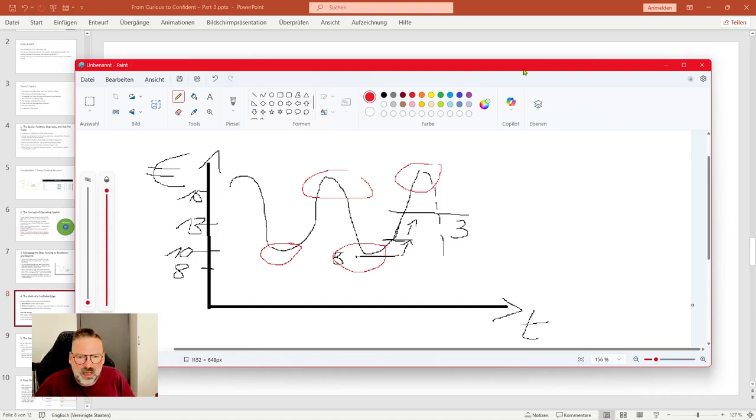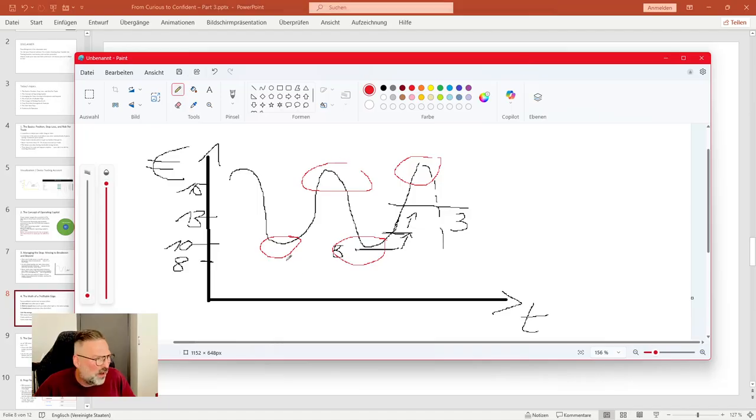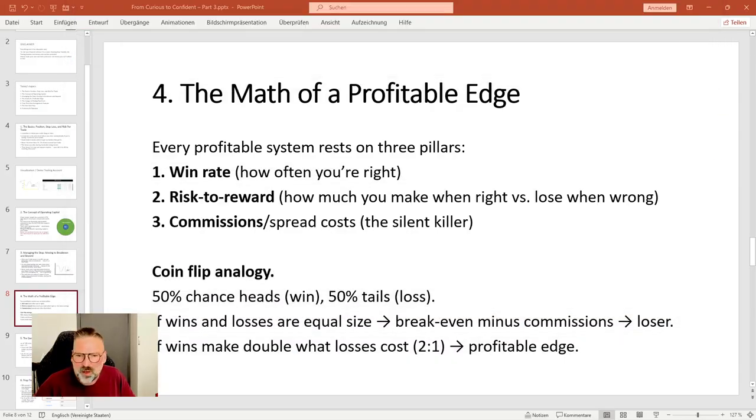So let's say that is what you do. You wait for the market to make either a double bottom or a double top. And then you go either long on a double bottom or you sell short on a double top. Okay? So that would be your system.